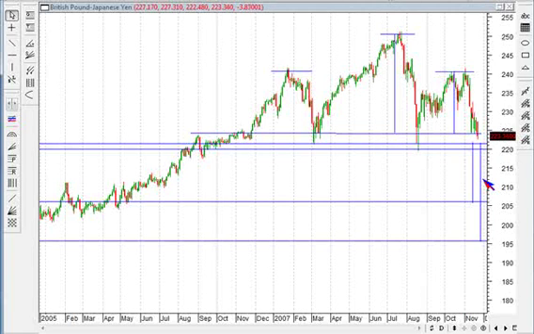Let's see if we can zoom out, nope, not going to let me zoom out anymore on this. But I'm going to switch to a weekly chart here so we can look back and see what this level at 196 lines up with in the past.